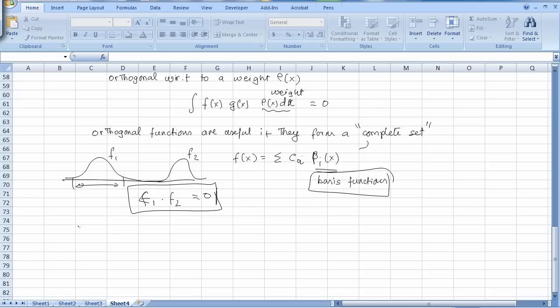Now we can talk about what is meant by magnitude or norm of a function. In our case, this particular thing is called the L2 norm, which is the integral from minus infinity to infinity of f of x squared, or you can write it as f dotted with f, and take the square root of this.